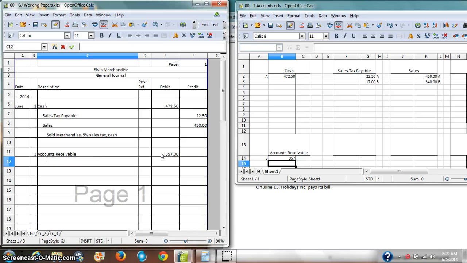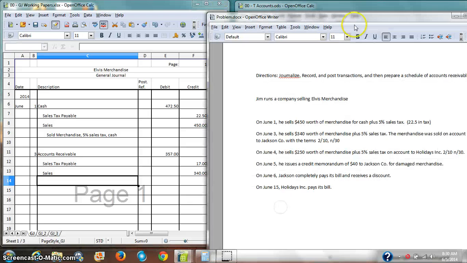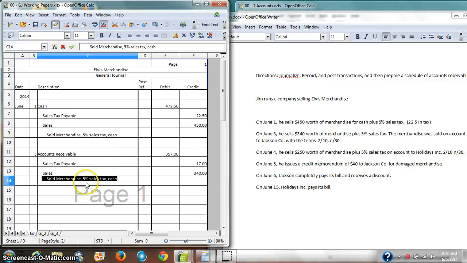Again, I've got sales tax payable, $17, and then I've got sales of $340. And then I'll need to also write a description here. Now these descriptions, I'll need to put in a couple of extra facts here. First of all, when I'm selling this merchandise on account, I'll put in the sales tax.